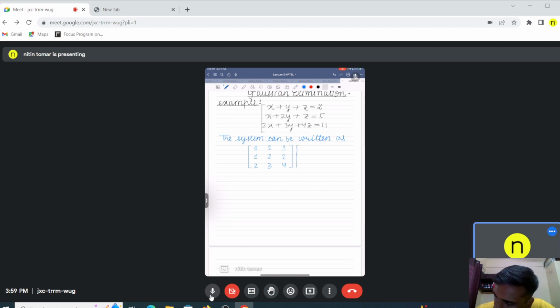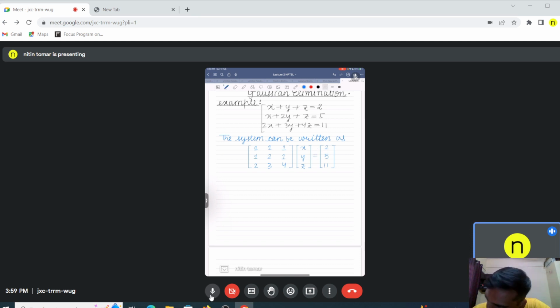And the column vector of unknowns are x, y, z. And you'll have 2, 5, 11 on the right side. Okay.